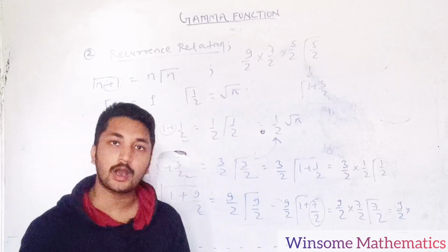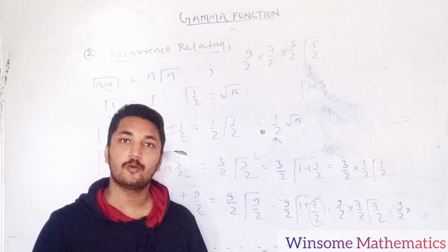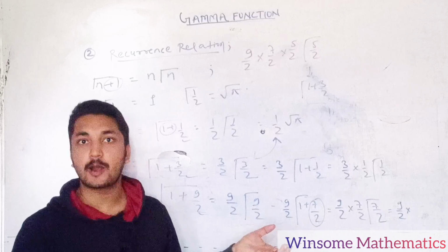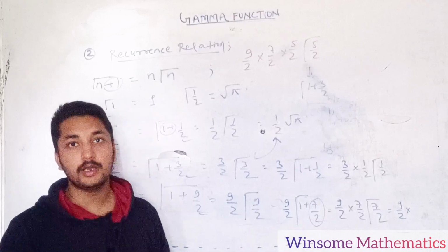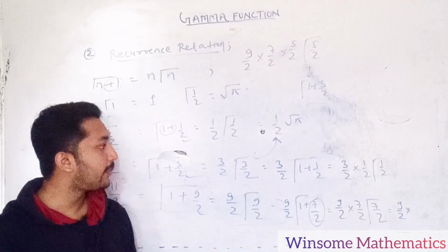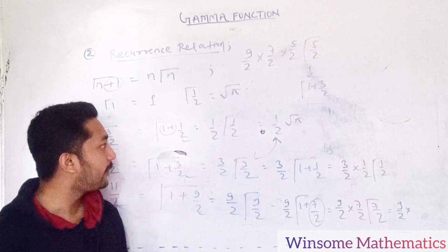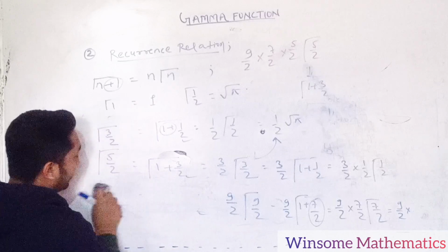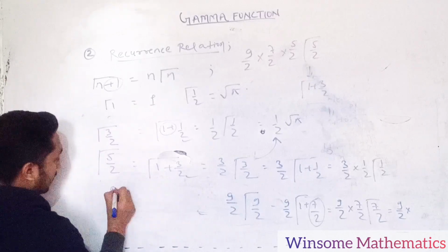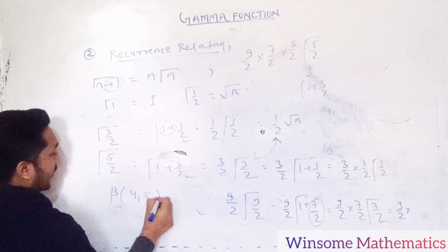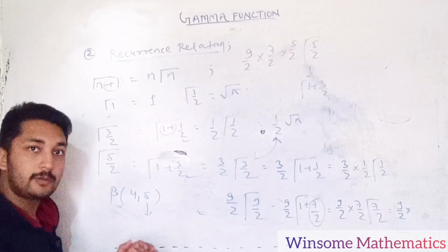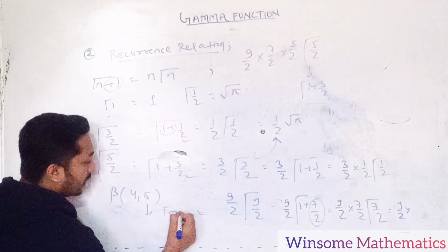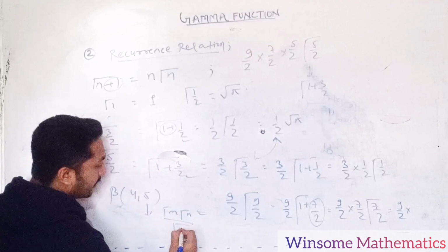Now you may think, why are we considering fractions? What is the importance of fractions inside the gamma function, and why are we studying it? So simply, I will tell you with the example of the beta function. Whenever you come across beta 4 comma 5, when you study the relation between beta and gamma, you get as a result gamma m gamma n upon gamma m plus n.